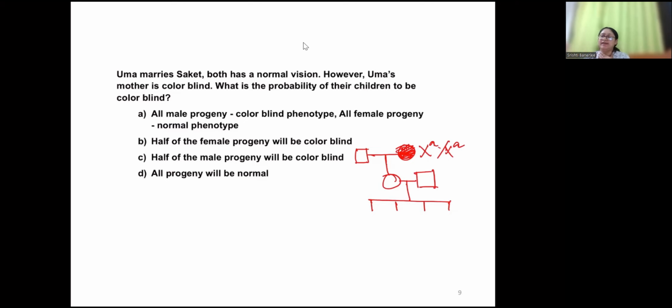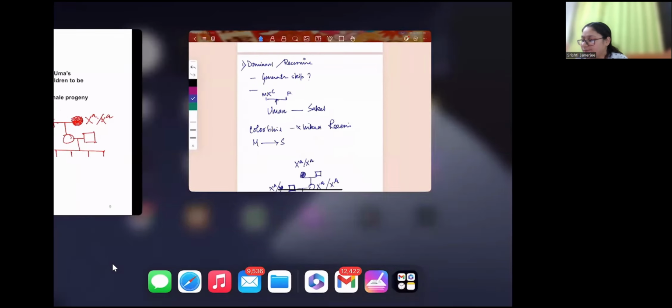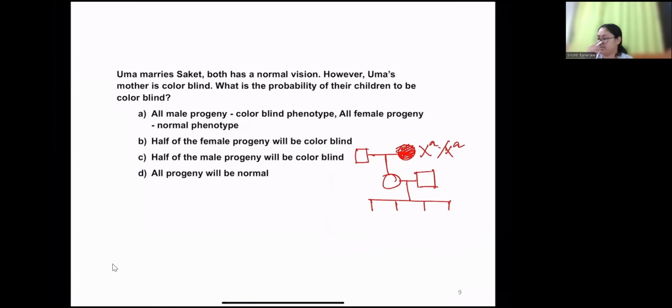Colorblindness is an X-linked recessive disease. To be diseased, a female has to have both X^a, while in males one X^a is capable. So this X^a was transmitted to Uma, and she became a carrier here.